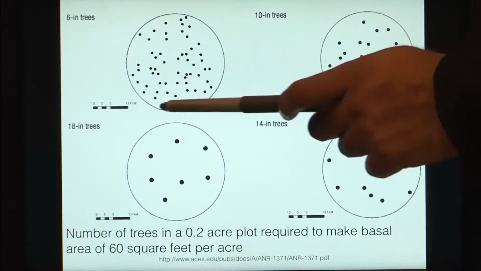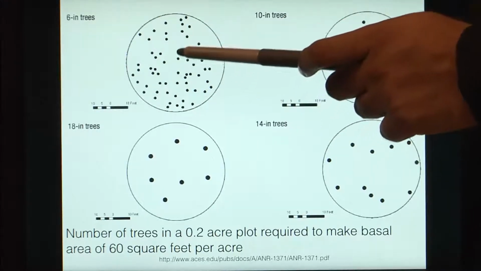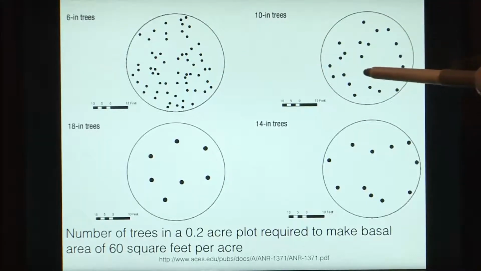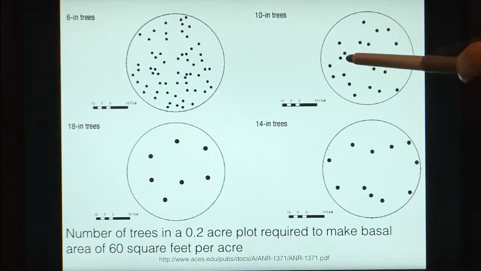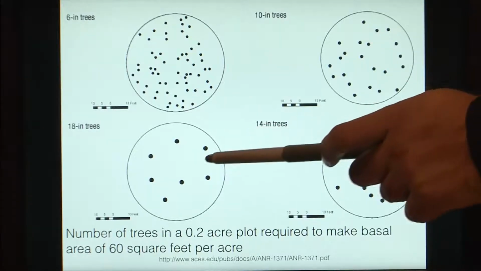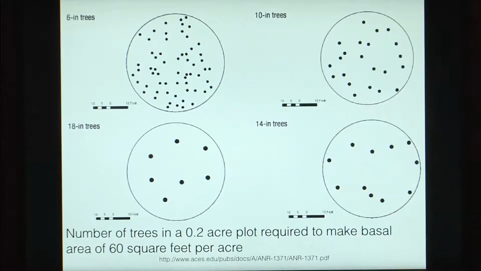So, there are a number of trees that are making up the same basal area of 60 square feet per acre. If we increase the diameter of the trees, the number of trees would decrease. It would further decrease with 14 inches and even further in the case of 18 inches. So, in all these cases, the basal area density is the same, but the number stand density is different.